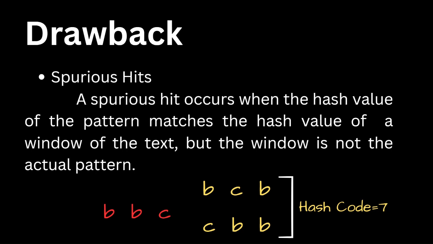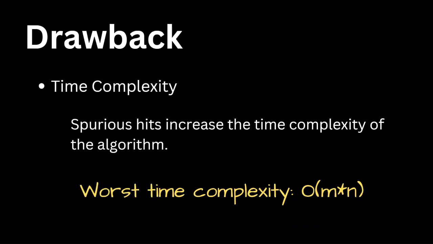As we have seen before, the values of BCB and CBB are the same as the value of BBC, which is 7, but the pattern does not match. This is a spurious hit. In such a situation, the maximum time taken by this algorithm may be big O of m into n, and spurious hits also increase the time complexity of the algorithm. This results in the worst time complexity.